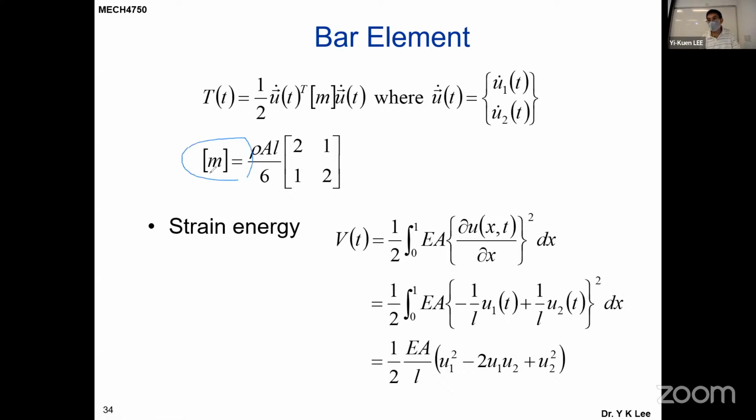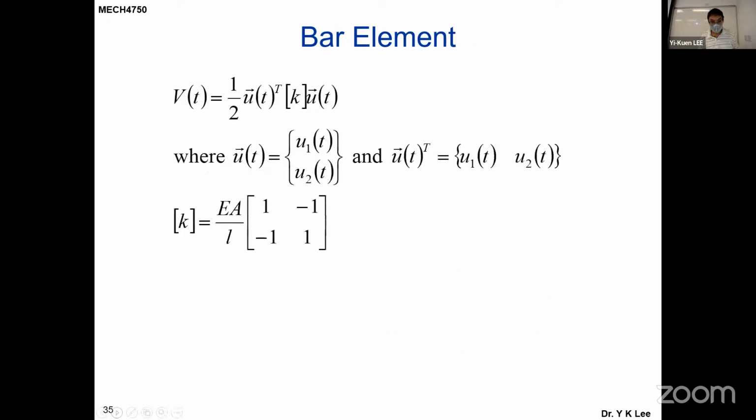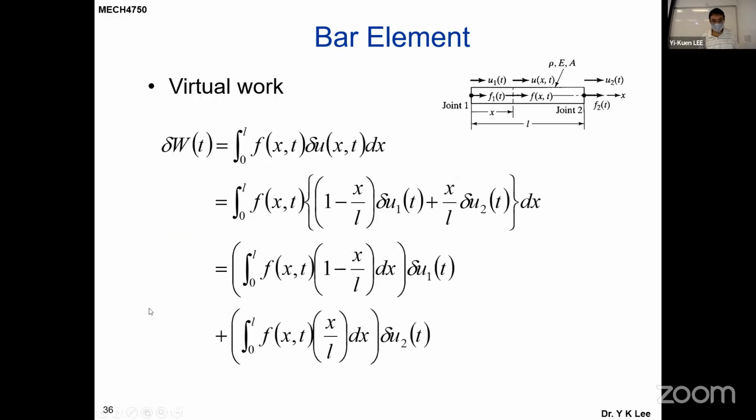This is the M for this one-dimensional bar element. Once you calculate the strain energy, we can construct the stiffness matrix. Now this is the final element for the bar element. So I just quickly introduced this basic concept.